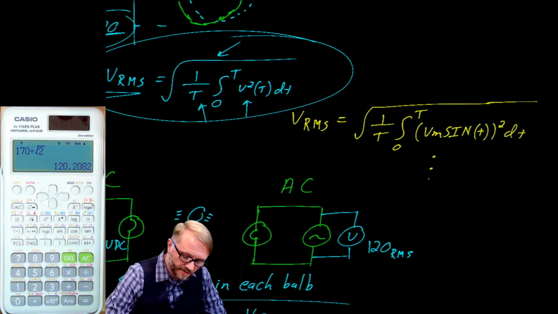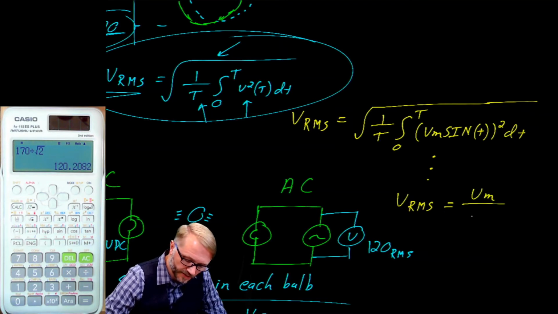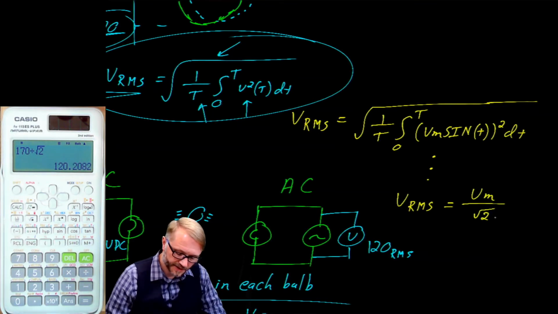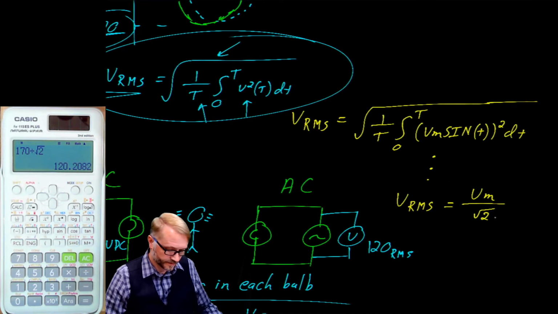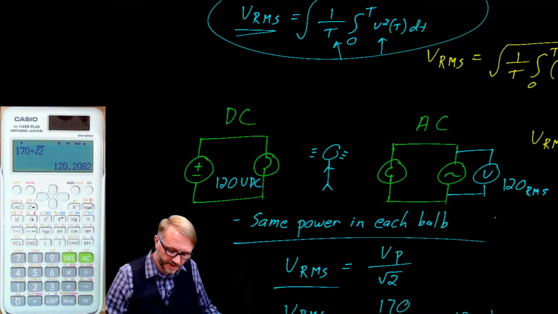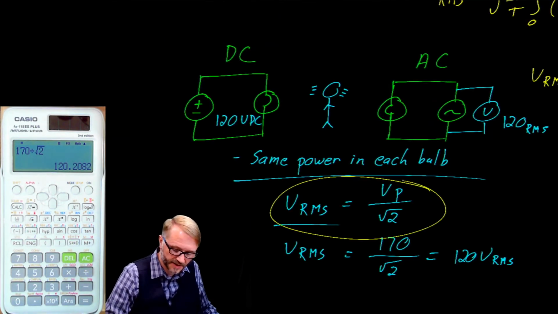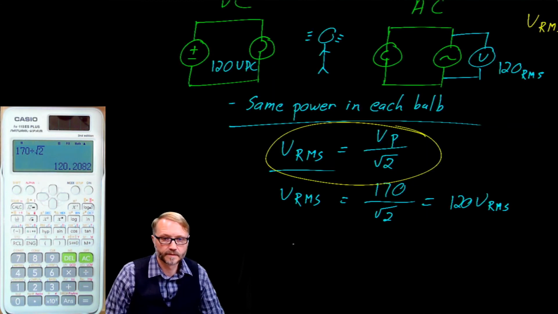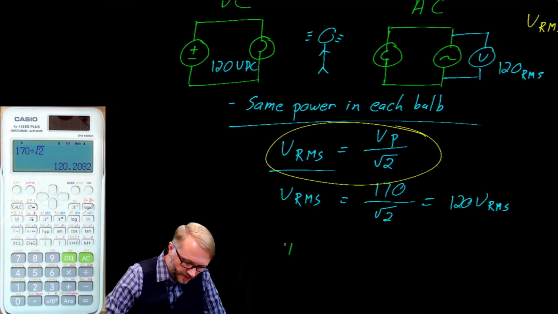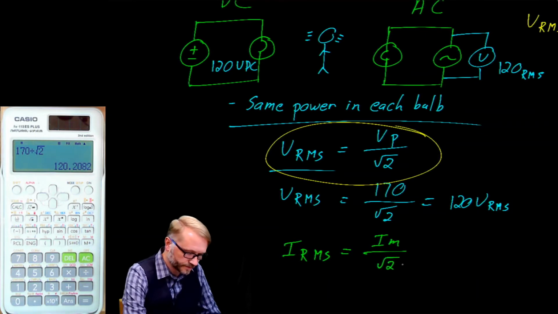And if you were to solve that, I think you would find that the RMS voltage is equal to the maximum, so Vmax, over the square root of 2, which is exactly what we did in this thought experiment here. We should recognize that this holds for current as well. So the RMS current is equal to the max current over the square root of 2.